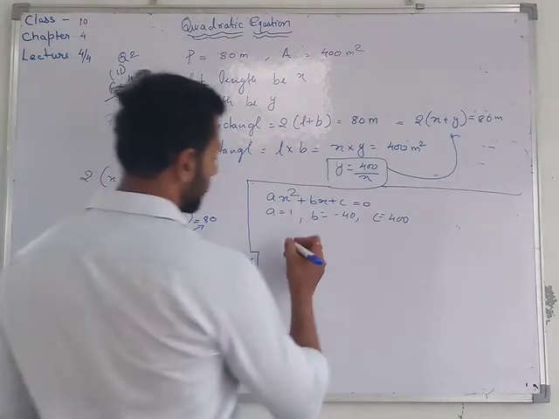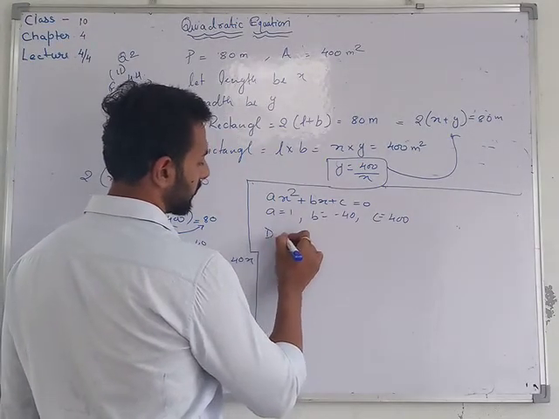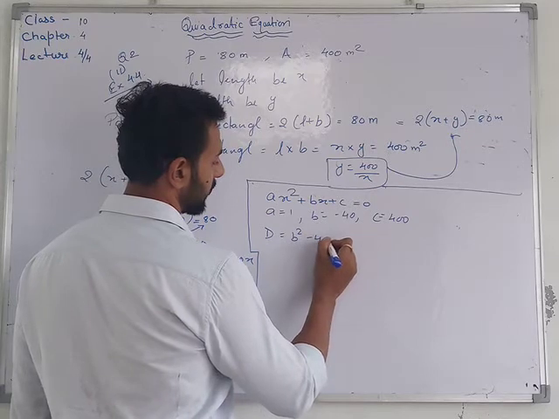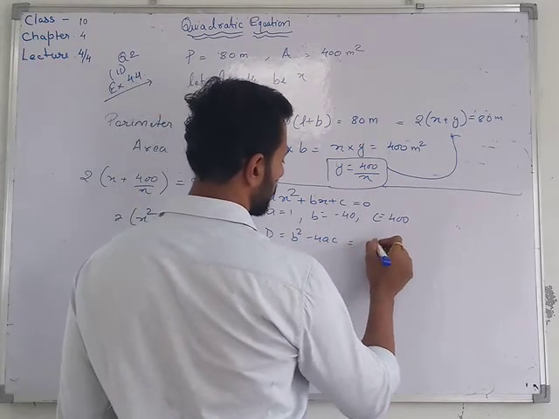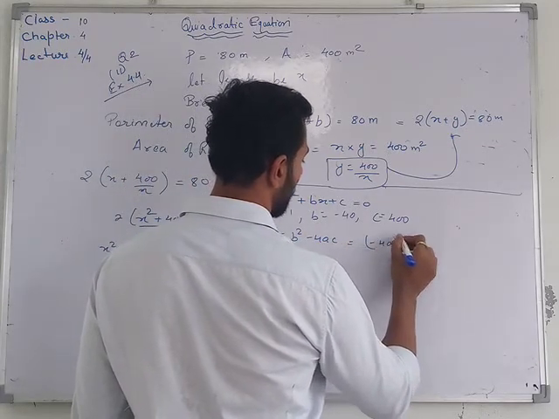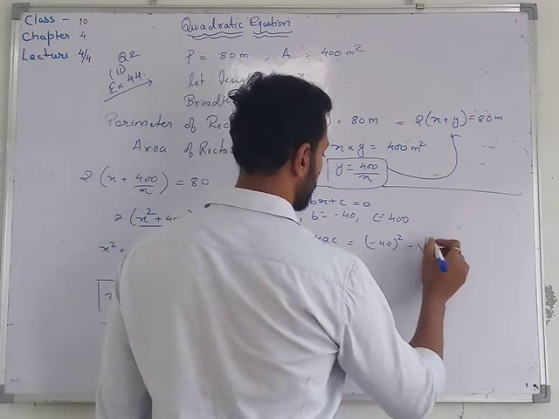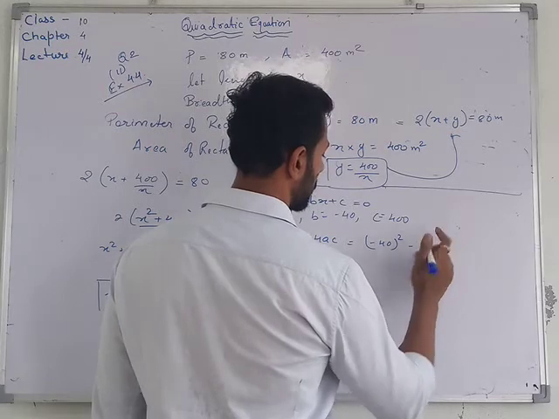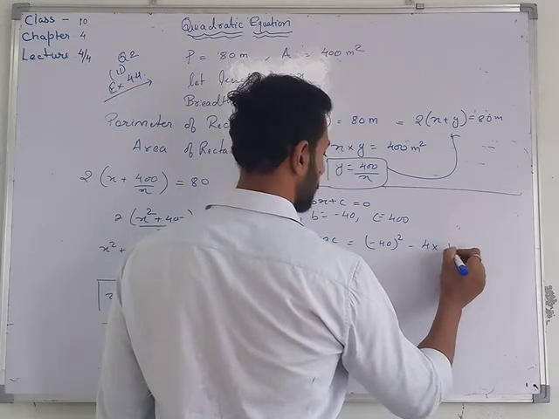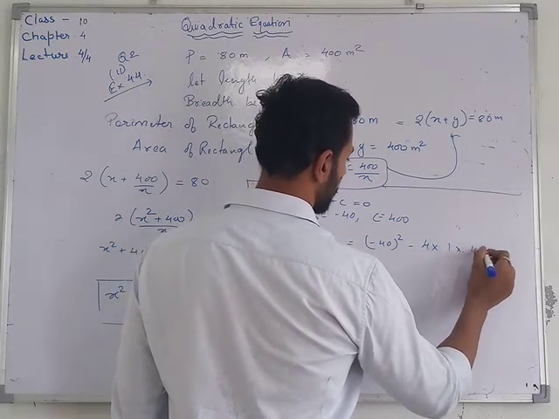Now identifying the value of d, which is b square minus 4ac. b is minus 40 square minus 4, a is 1, c is 400.